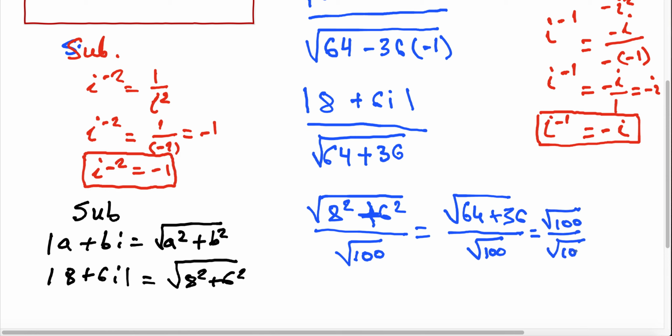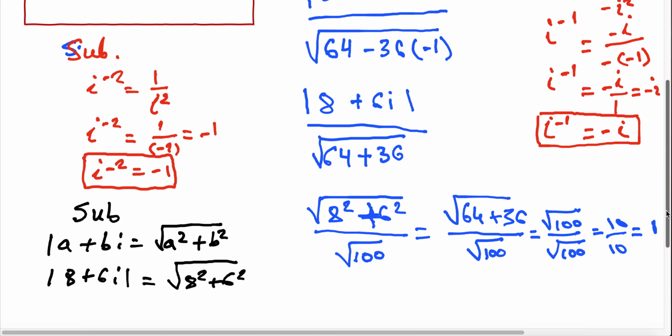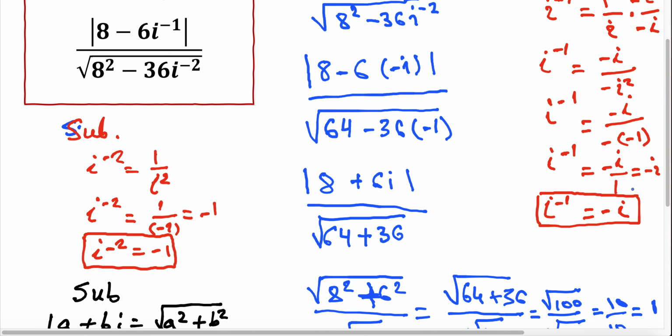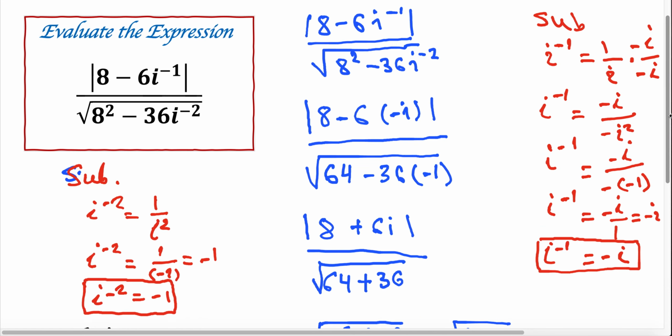And this is 100, which is 10 divided by 10, because the square root of 100 is 10, and 10 divided by 10 is 1. And everything here we see is equal with 1. What does it mean? It means this expression that we evaluated is equal with 1.